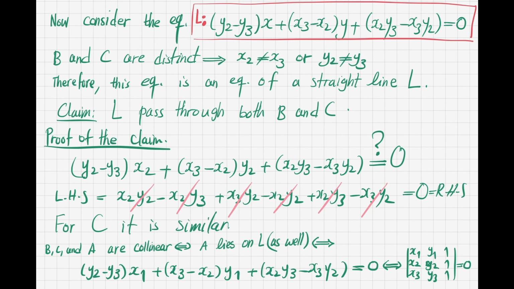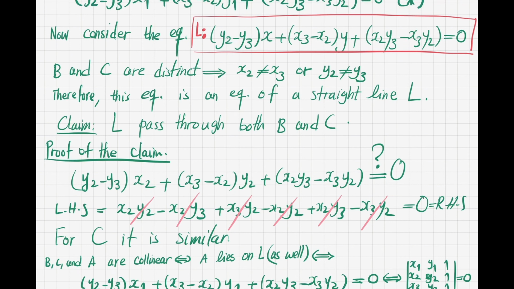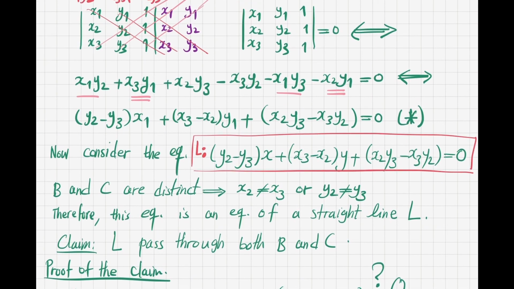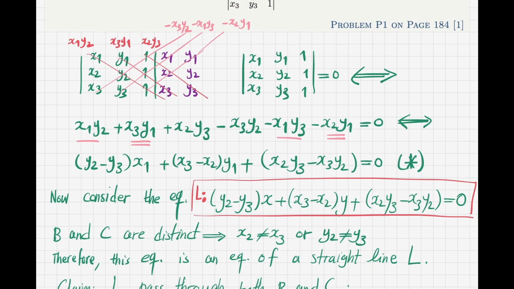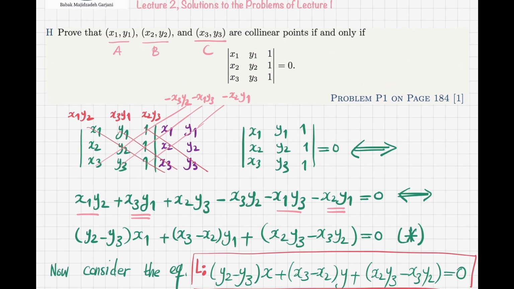Of course, in the future when we study the cross product of two vectors, you will realize that the absolute value of this determinant is 2 times the area of a triangle with vertices A, B, and C. So A, B, and C are collinear if and only if the area of the triangle constructed on vertices A, B, and C is equal to 0.